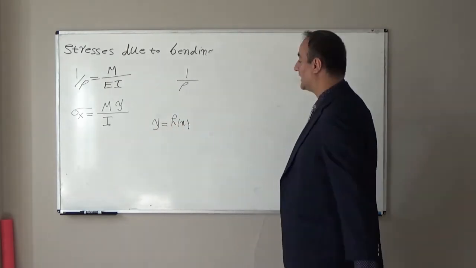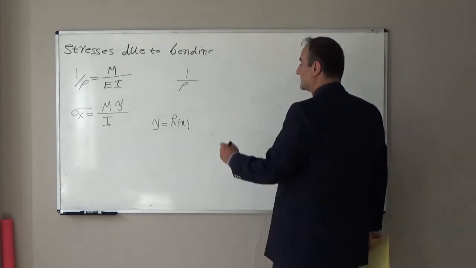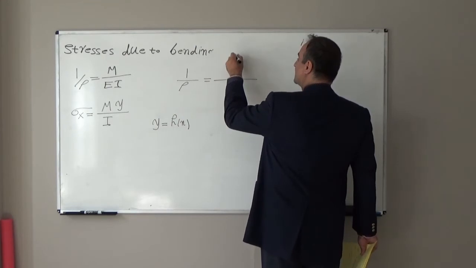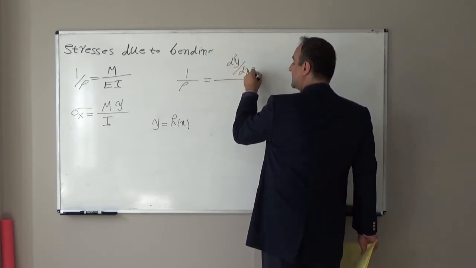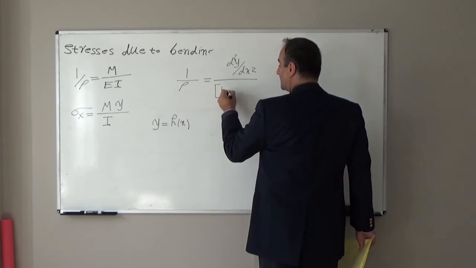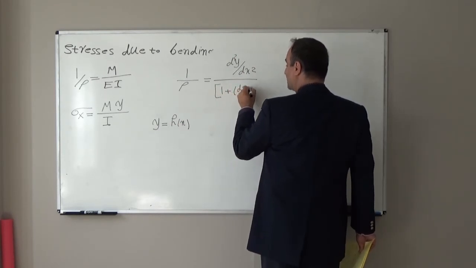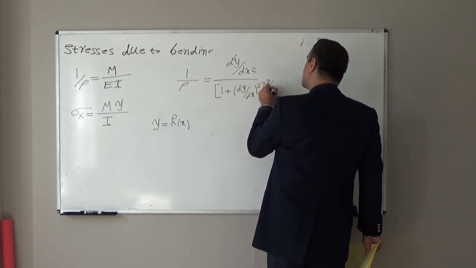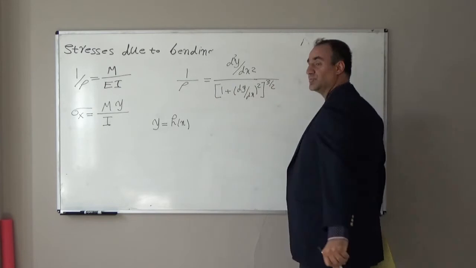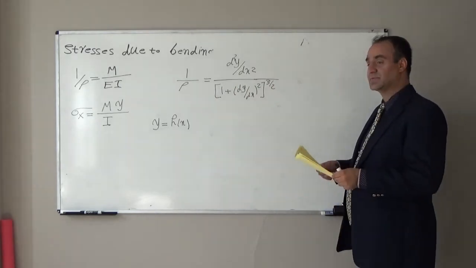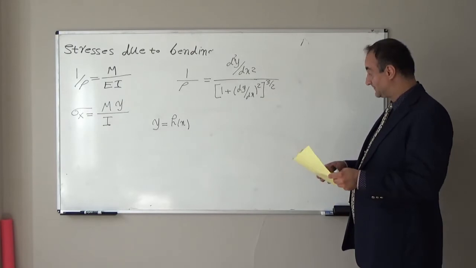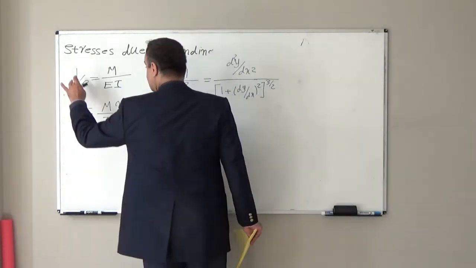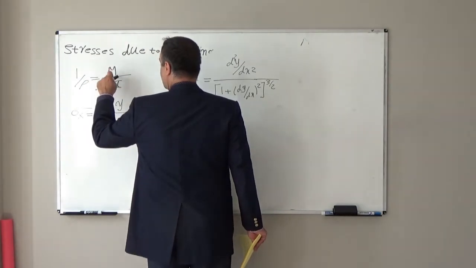In order to find the curvature for that curve, curvature is equal to second derivative of y with respect to x divided by 1 plus first derivative of y over x squared to the power of 3 over 2. We can prove this. We had this in calculus, so we know that. Now, we know curvature is equal to M over EI.